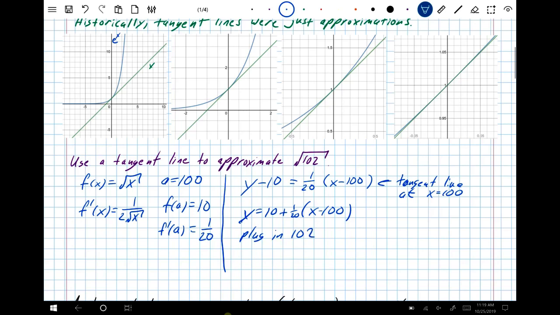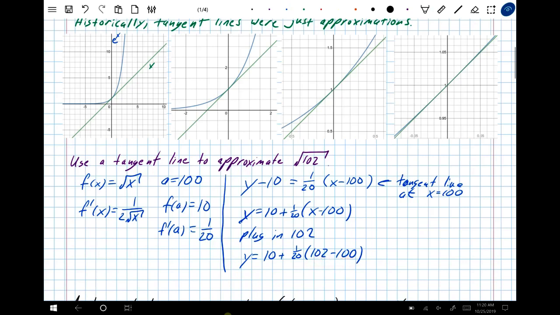Let's plug in 102. That's the x value we care about, and we get y equals 10, the y value we started with, plus how fast I'm growing at that point, that slope at that point. I plug in 102 minus 100. Okay. Notice, by the way, that this 102 minus 100, that's how much my x value changed, right?